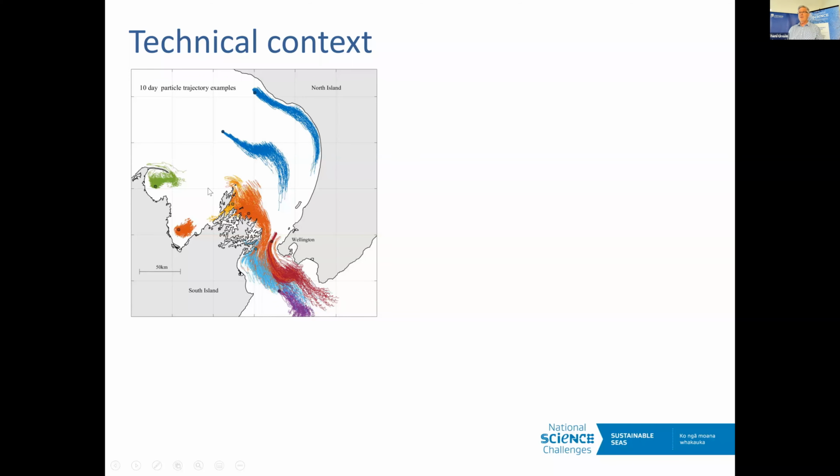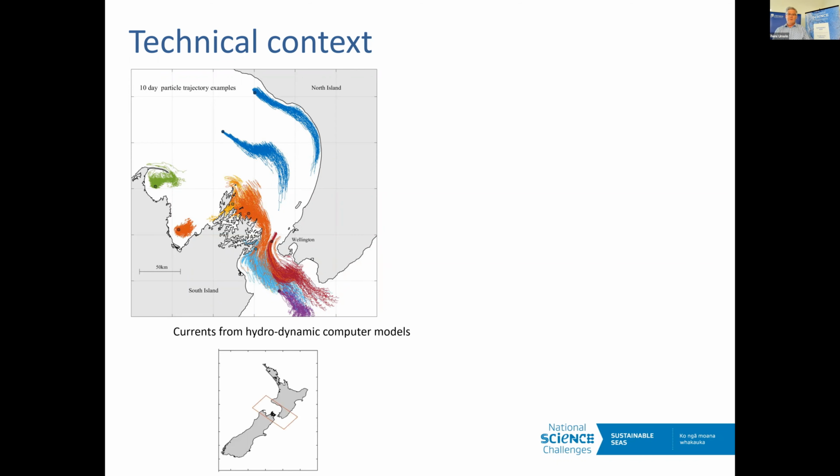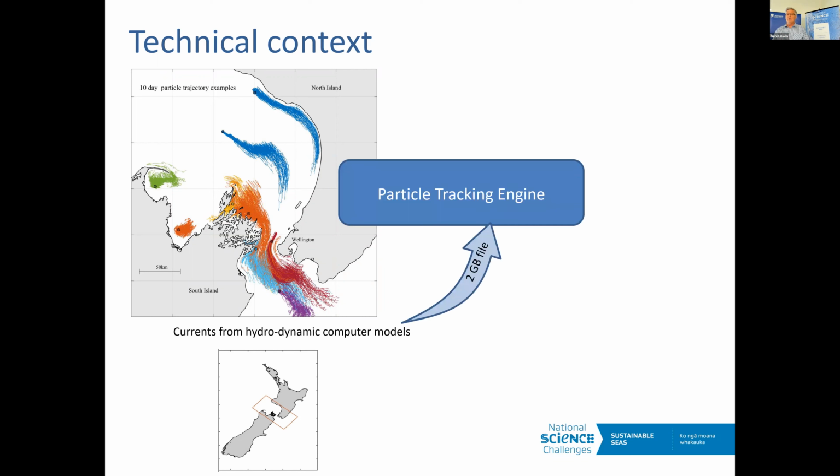So the technical context of the tool that we've developed is built on top of hydrodynamic computer models of the ocean. NIWA and MetOcean just churn these things out in an amazing way, creating these large data sets of computer model currents over space and time. What we've particularly worked on is the middle ground, which is what we call the particle tracking engine.